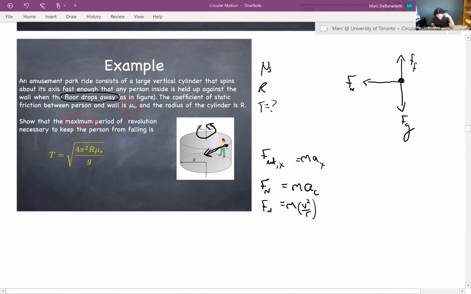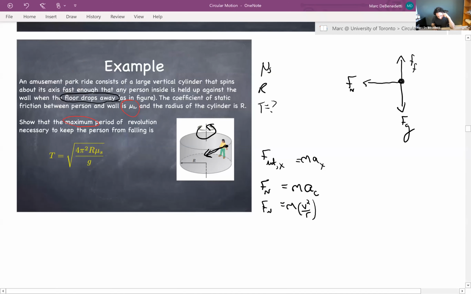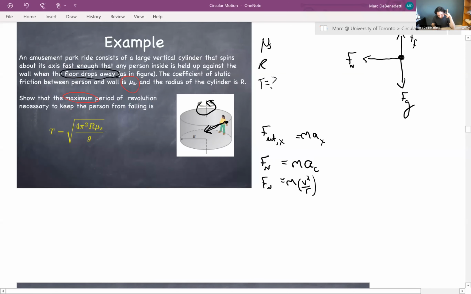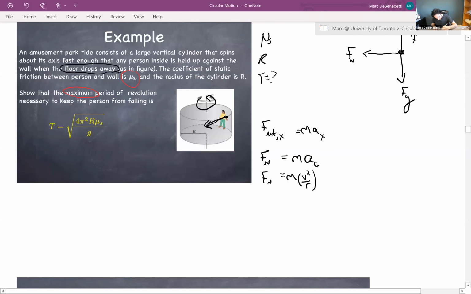Okay, what do we have? We're asked for period. Okay, well, I don't even have period in my equation. So I need to introduce period somehow. Well, I do know that if an object travels in a circle, the distance traveled is the circumference, 2 pi r, and the time it takes to travel is called the period.